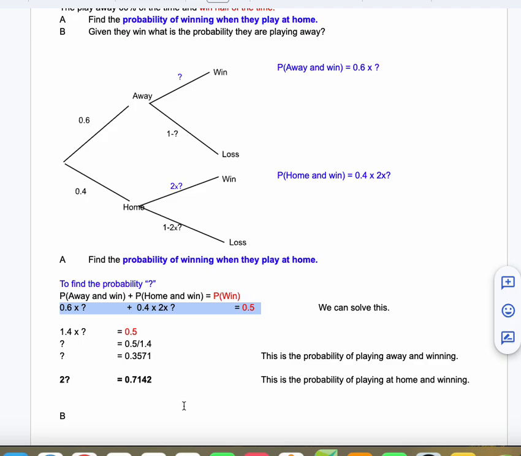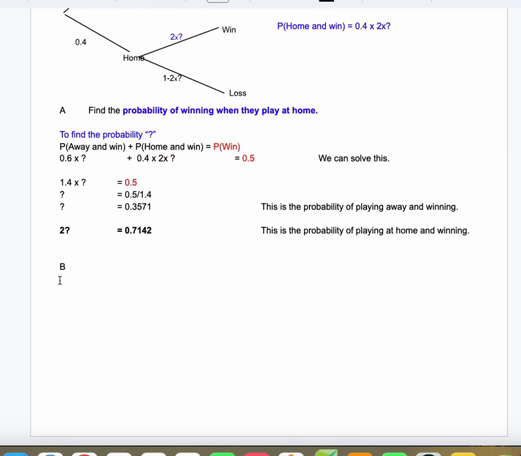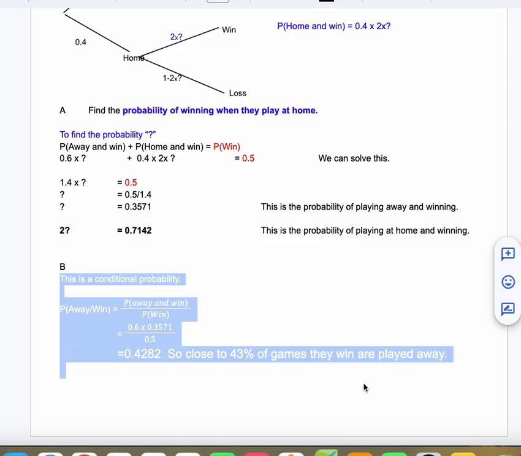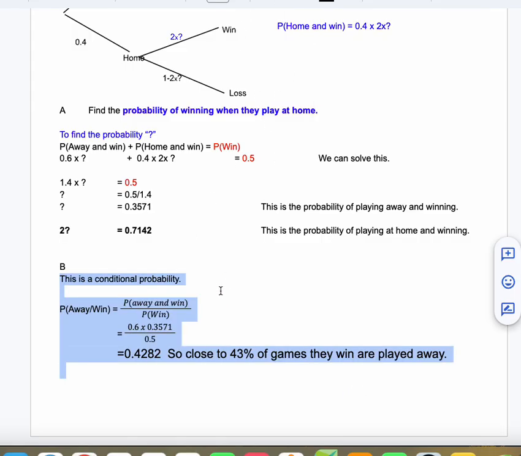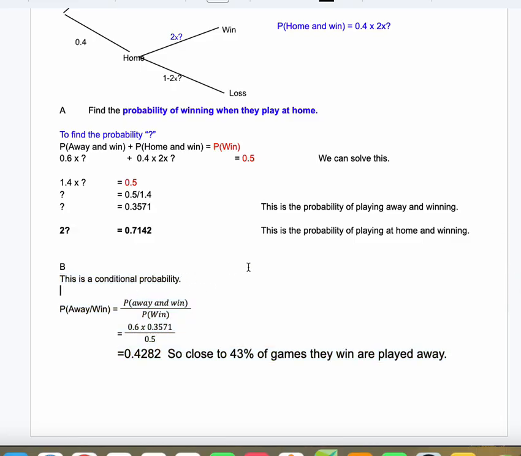Once I go on to part B, this is just conditional probability with nothing special. If you're doing this at level 3, they might ask you just to jump straight in and do part B. At level 2, I would expect them to ask you to do part A separately, just because it makes it a little bit more simple.